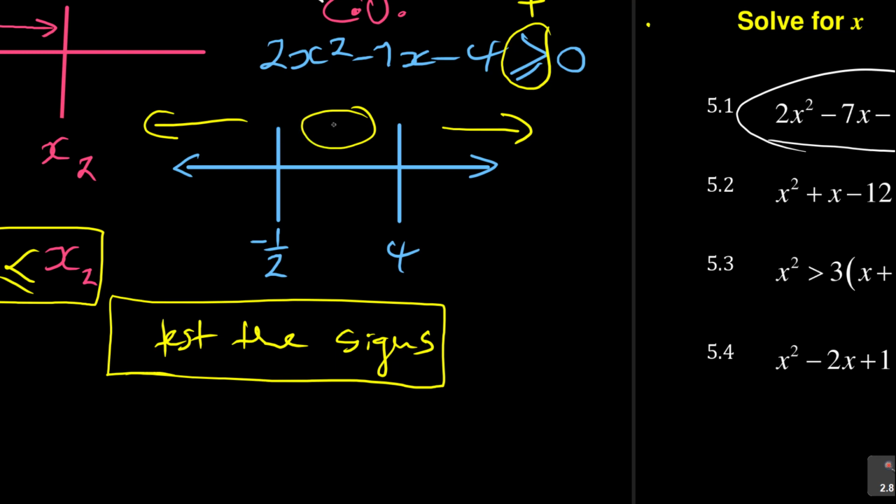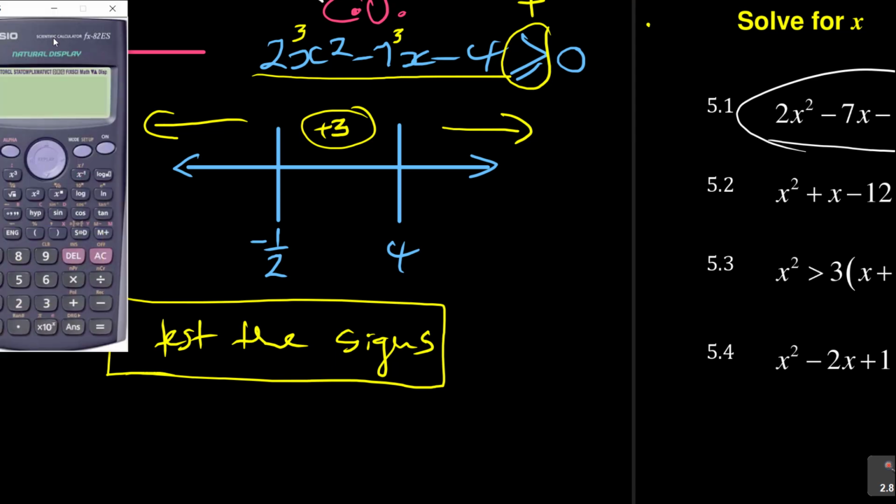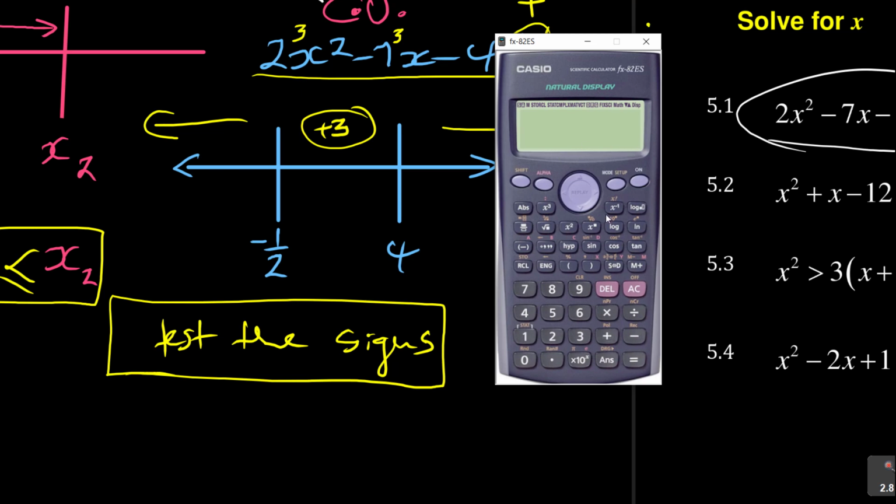Let's say I choose positive 3. So I'm going to put 3 in here, and then I notice what sign I'm going to have. The sign is what is important, not the number. So it's 2 bracket 3 squared minus 7 bracket 3 minus 4.